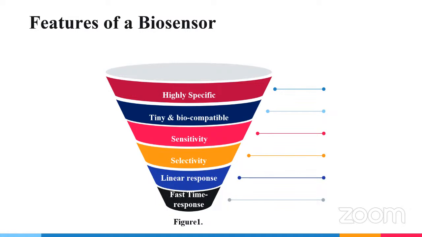It means it should be able to detect even the lowest concentration of biomolecules. Fourth is selectivity. It means it can specifically recognize and measure target analytes among a number of analytes and among interferents like salt or different kinds of molecules present. Fifth is linear response. The response should be linear so that we are able to measure it. And the last one is fast response time. It means we want real-time monitoring and point-of-care detection, so the response should be fast enough so we can detect it.